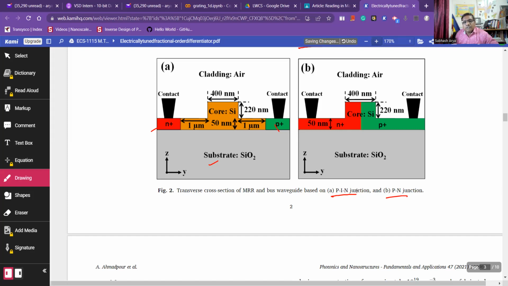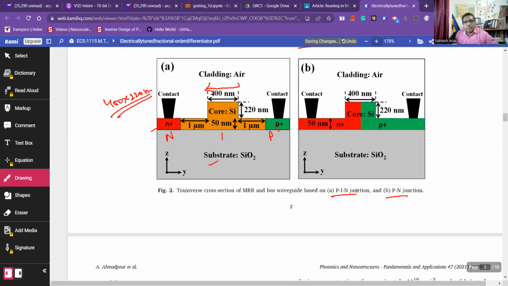So this is P, this is I, this is N. So PIN, and this is metal contact. And the waveguide is optimized for single wavelength, single mode, that is 400 nanometer wide, and the height is 220 nanometer, which is the standard etching height. So 400 by 220 nanometer.